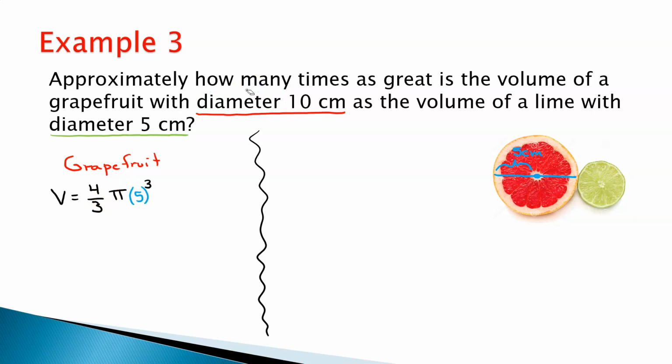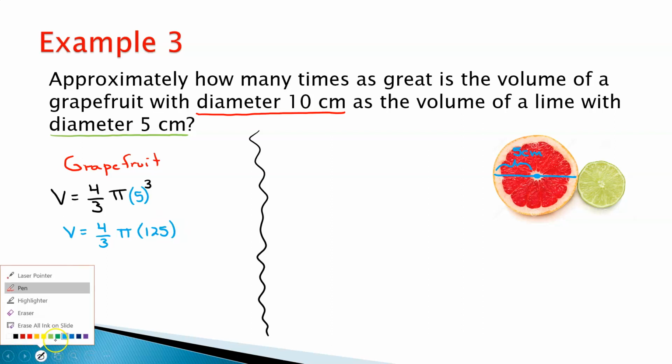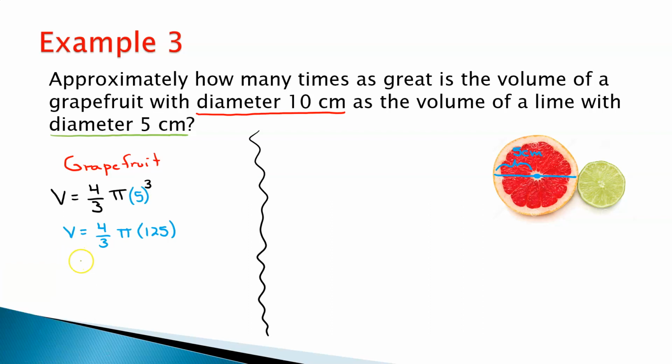Well, let's go through and actually multiply this out. Volume is equal to 4/3 pi, and then 5 to the third power. What's 5 times 5 times 5? That's 125. Okay, I'm going to multiply that by 3.14. I get 392.5.